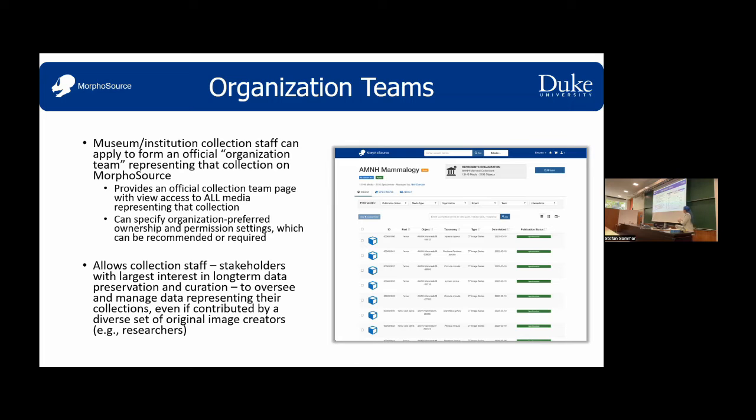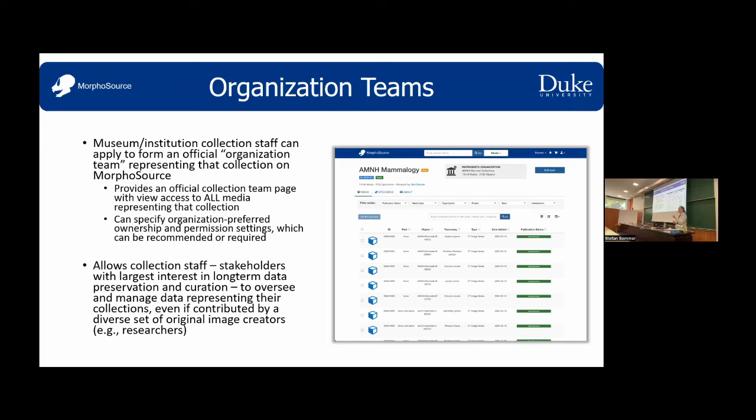Doug also talked about this: the organizational team managers can state default licensing preferences for museum collections. They can even, at this point, click on a setting that says, when media is uploaded that represents specimens from my collection, I want the option to manage those data when they are published, at the very furthest.